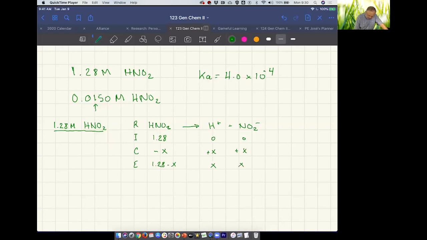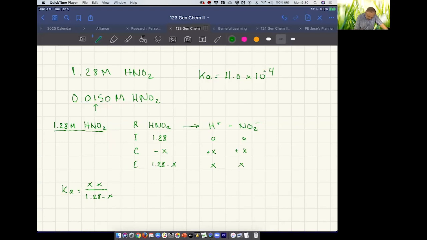Again, products over reactants, so the Ka is going to be the two products, x and x, divided by 1.28 minus x. And this value of Ka is 4.0 times 10 to the minus 4, which is more than 1,000 times smaller. 1.28 times 10 to the minus 3 would be 1,000 times smaller, so this is smaller, this is 10 to the minus 4.